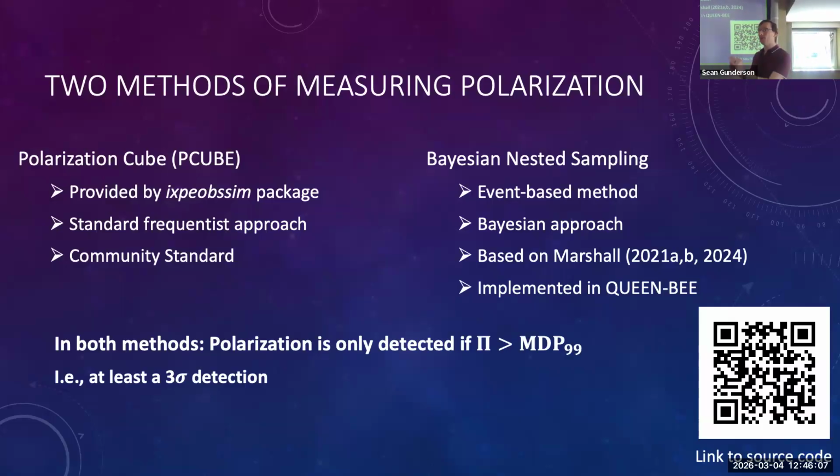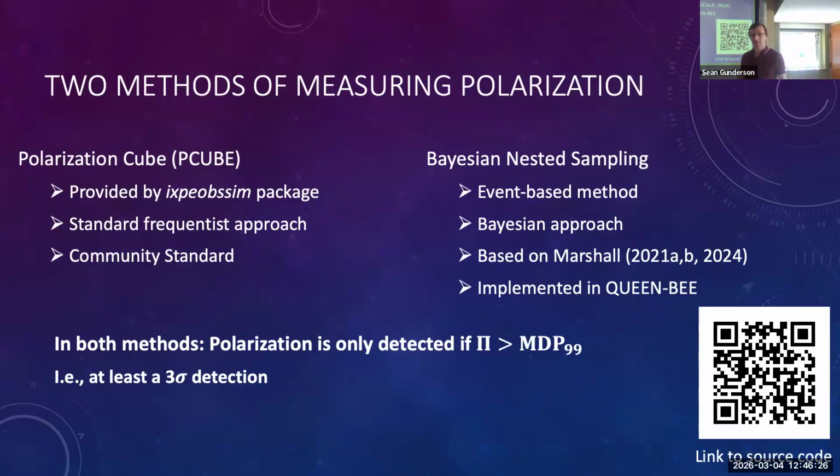This is straight from Phil Kaaret, the PI, or the head of the instrument. If you do not have a 3 sigma detection, you do not have any polarization measurement. So that is our target here: we need to have polarization above this number.